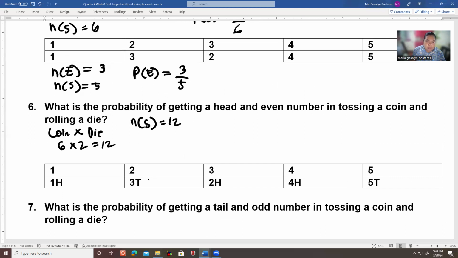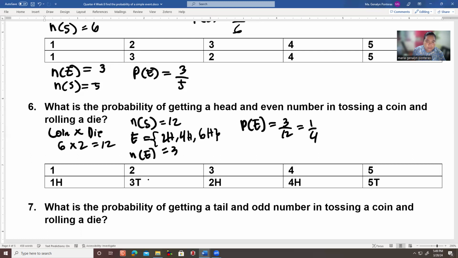We want even number and head. So 2H, 4H, 6H. So the cardinality is 3. So P of E is equal to 3 over 12 or 1/4. That's the probability for getting head and even number.